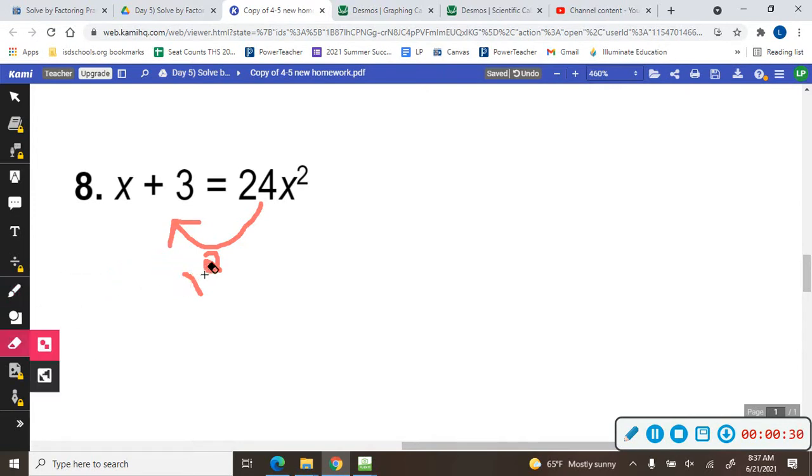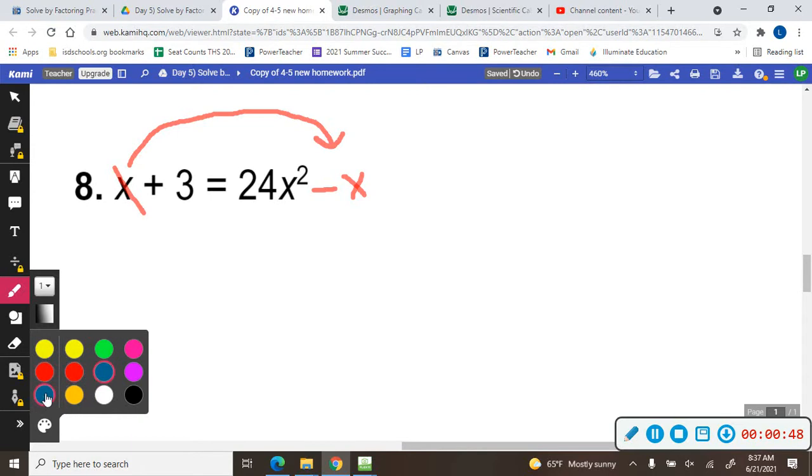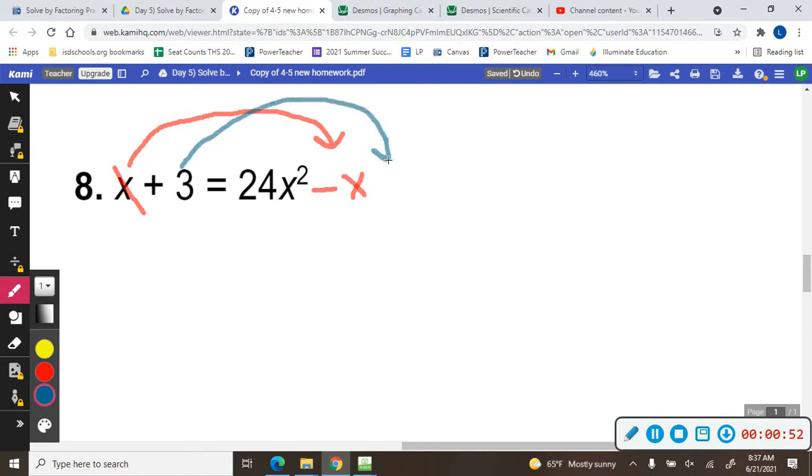So what would be better would be to move this over here. So it'd be like subtracting x from both sides. If you move something to the other side, it changes signs. And then also moving this over here. It was a positive 3, becomes a negative 3.